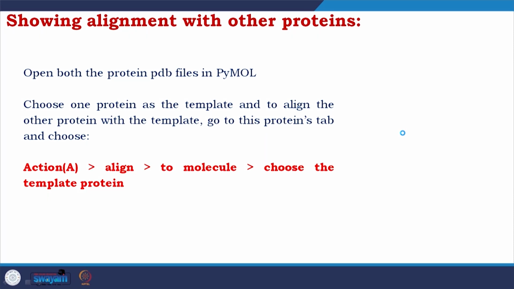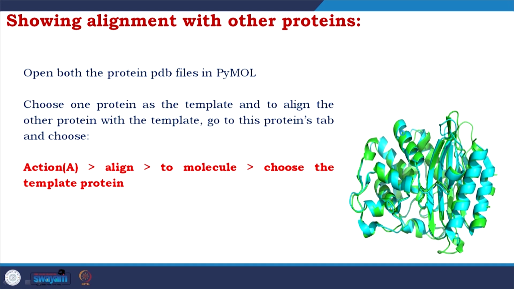So, A, then you go to align, then to molecule, then choose the template protein. So, this is an example of alignment and you could see that these two proteins are the same or have an identical fold with very high identity.